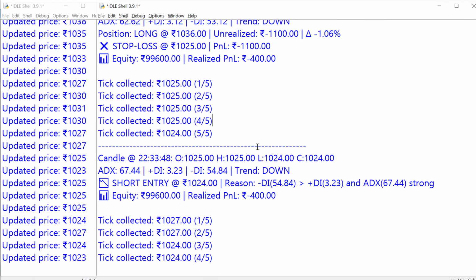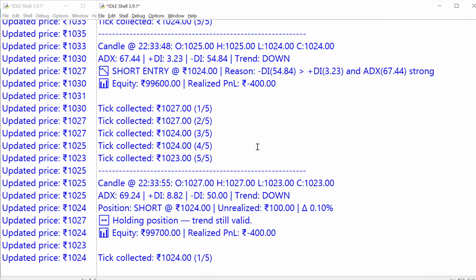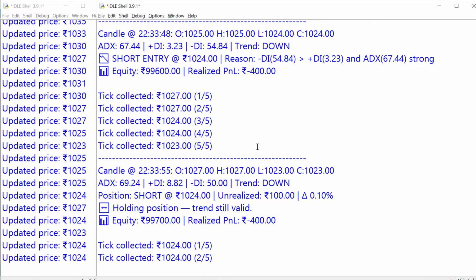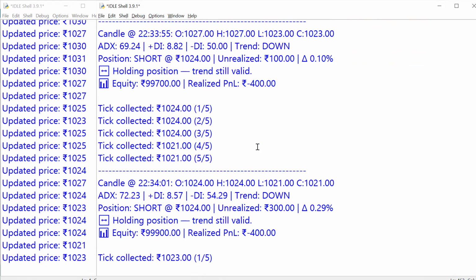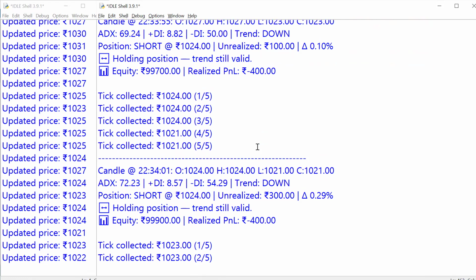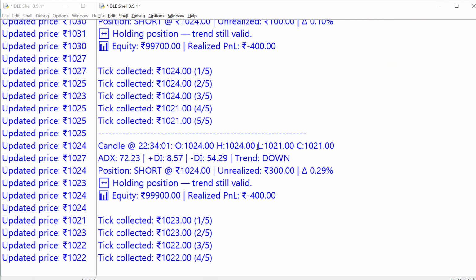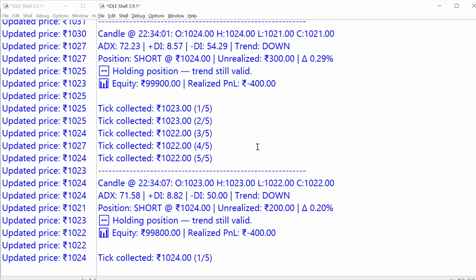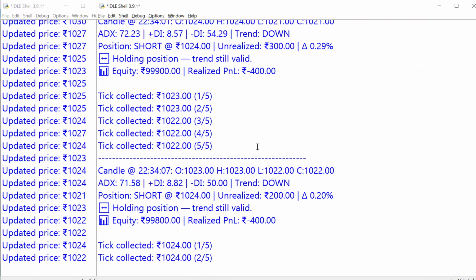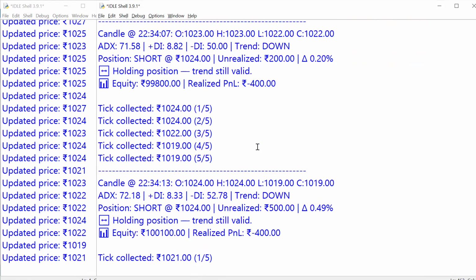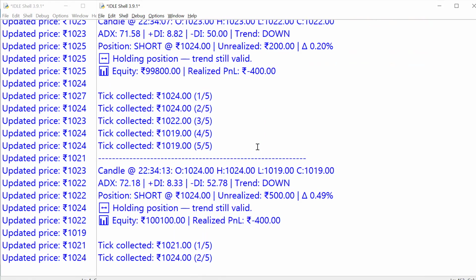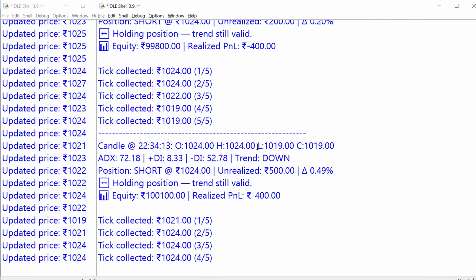Again, we are on a short position, downtrend. The ADX is very high. We have taken a short position at 1024. If the price goes below a certain value, we are going to book profit or loss based on the rule. 1024 is our entry.